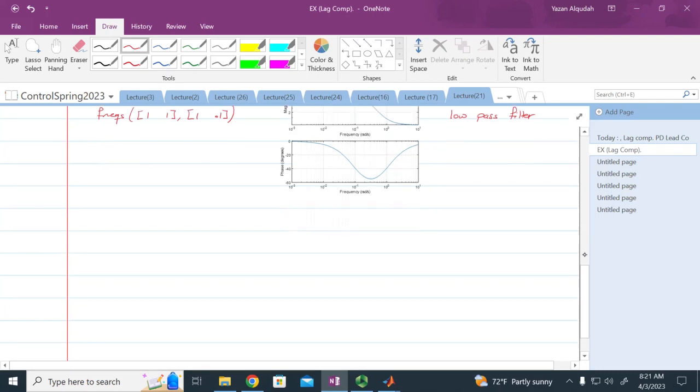Now what happens when we have a low pass filter? If I have a low-pass filter here, and I apply a square wave to this low-pass filter, what is the output going to look like at the output of the low-pass filter?